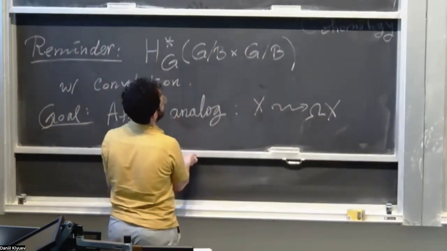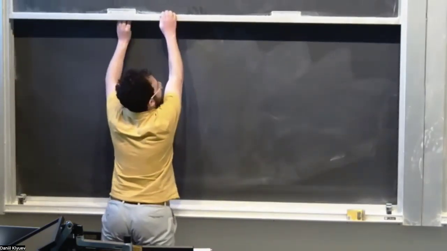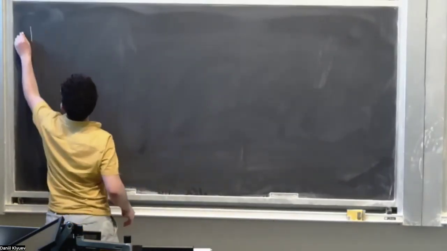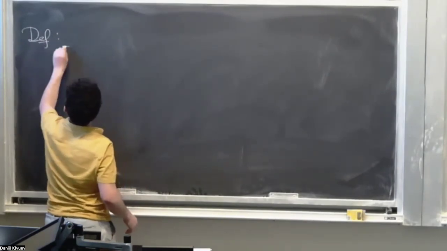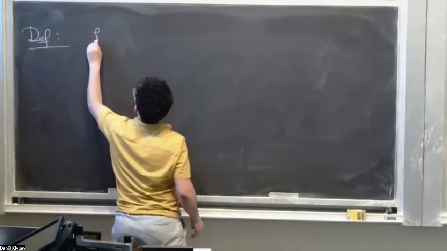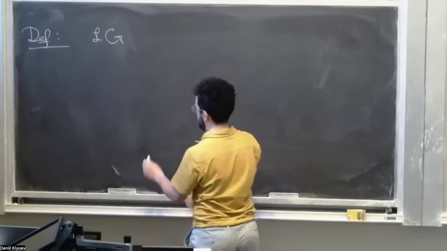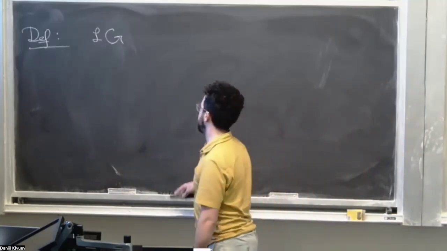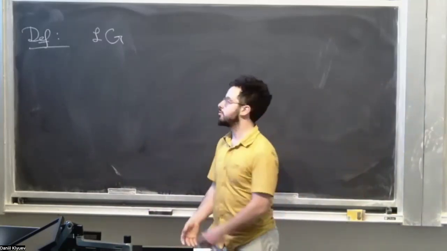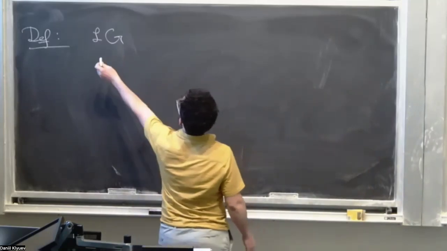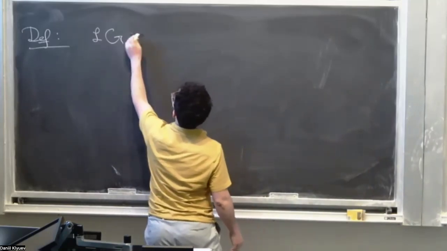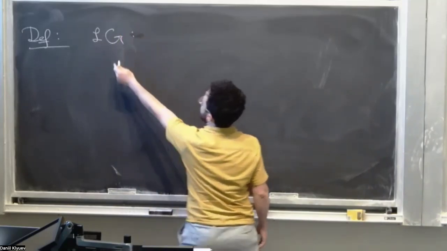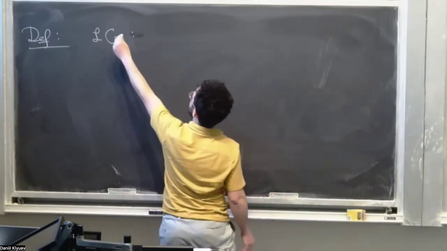Okay, so I will start by defining the geometric objects that we're going to work with. First, a definition: I'm going to define the loop of G. G is always a reductive group, and everything is over C. This definition of the loop of G will work for any scheme, not just a group, but for us it's just going to be a group.